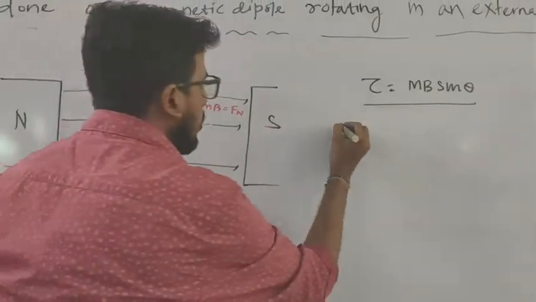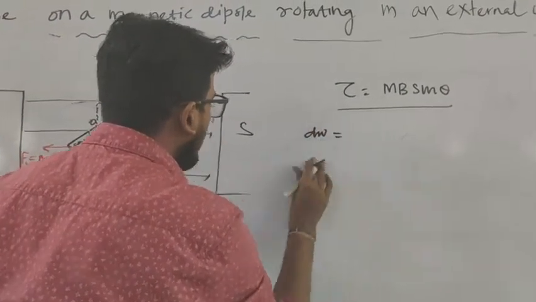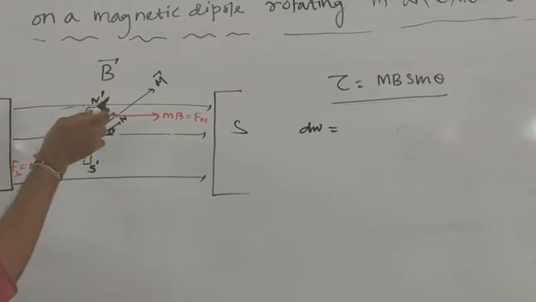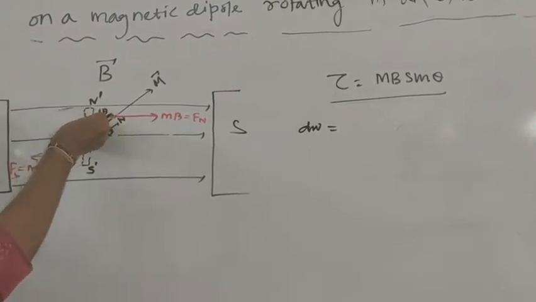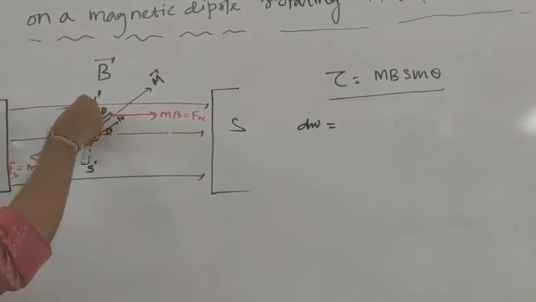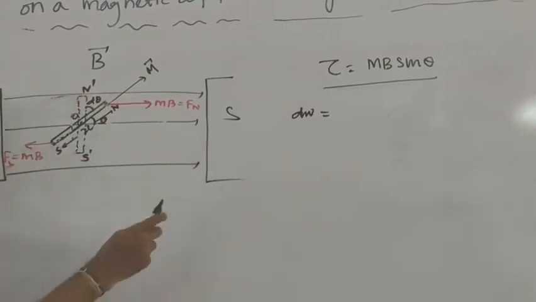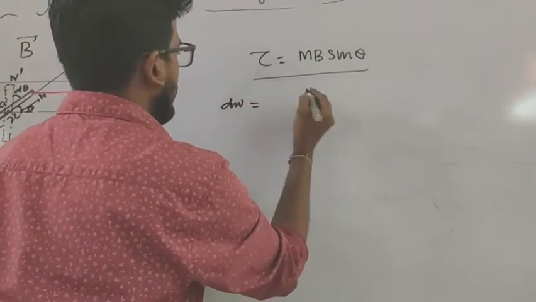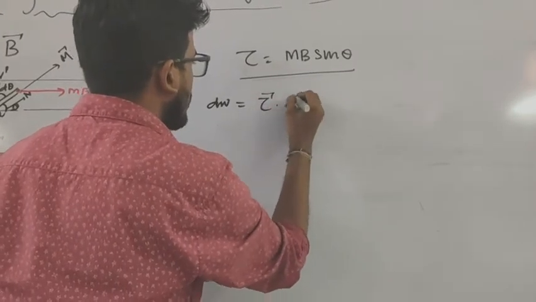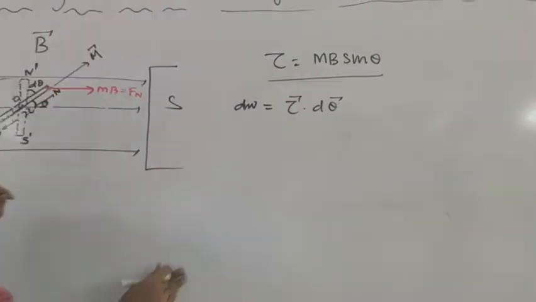So the work dW done by the external agent to rotate this dipole from this initial position to any further position in the anti-clockwise direction by d theta will be how much? dW equals the torque dot the displacement d theta.